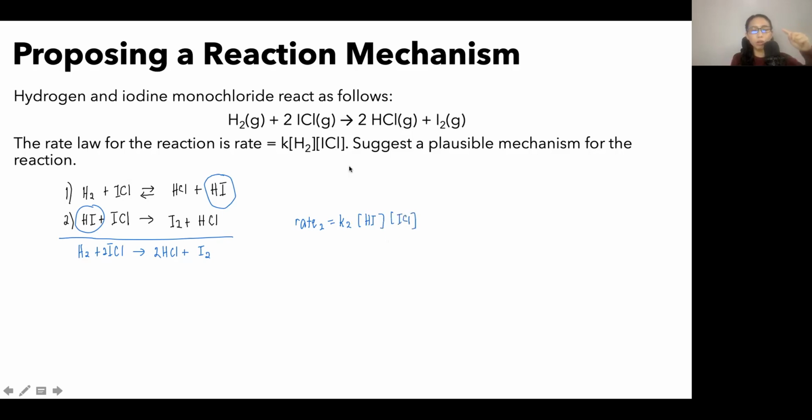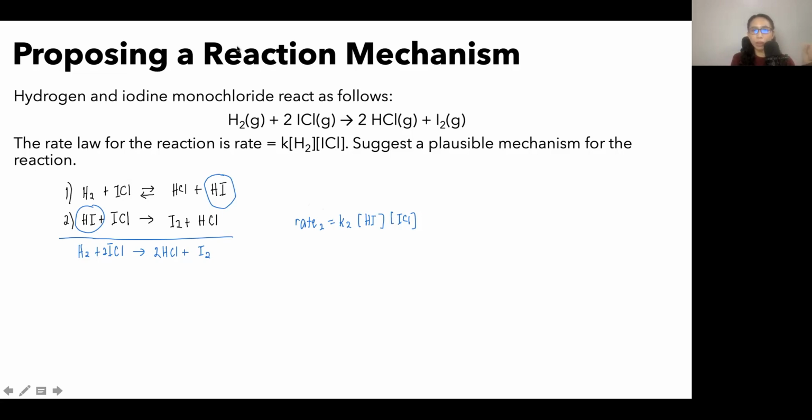If you are going to use the steady state approximation, we have no idea which is slow and which is fast, so your basis, class, is the rate law for the step with the intermediate. So for this one, we will take the rate law for the second step as our basis.